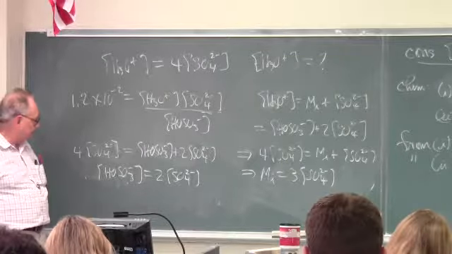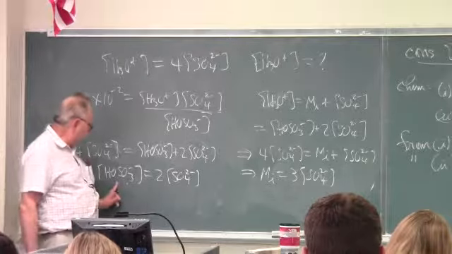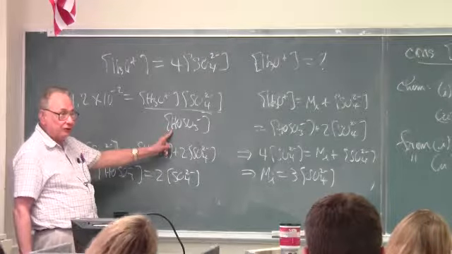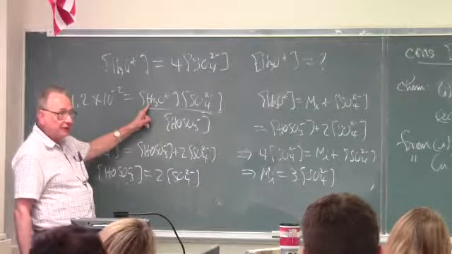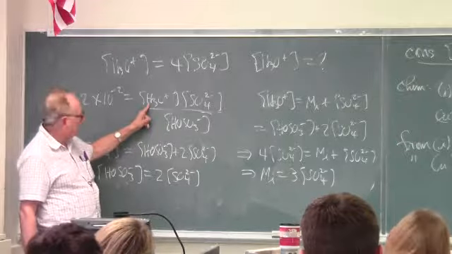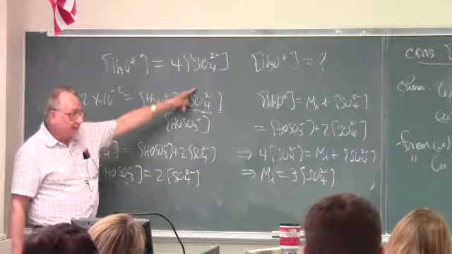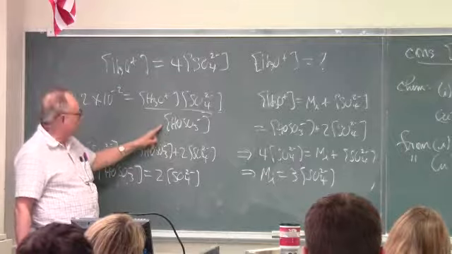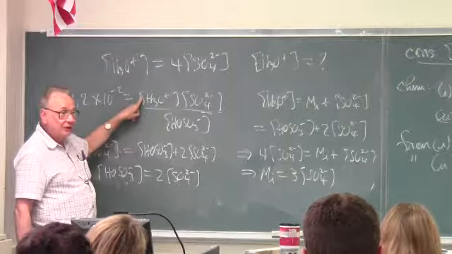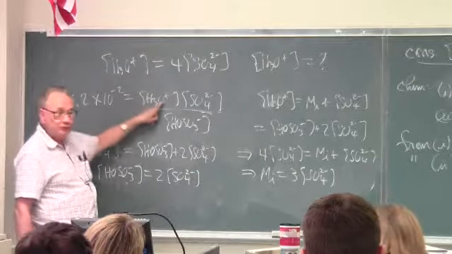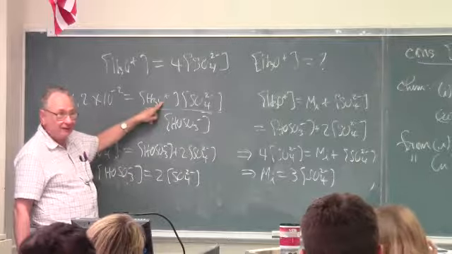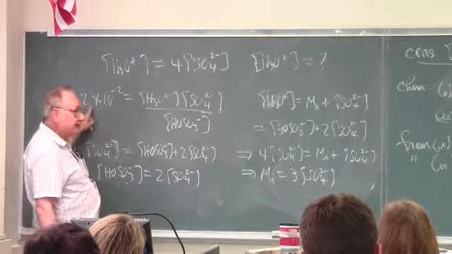Okay? Well then, if this is 2 sulfates, I can put in 2 sulfates, and if this is 4 sulfates, I can put in 4 sulfates, and then sulfate over 2 sulfates becomes 4 sulfates over 2 becomes 2 sulfates, doesn't it? So sulfate is half of this.